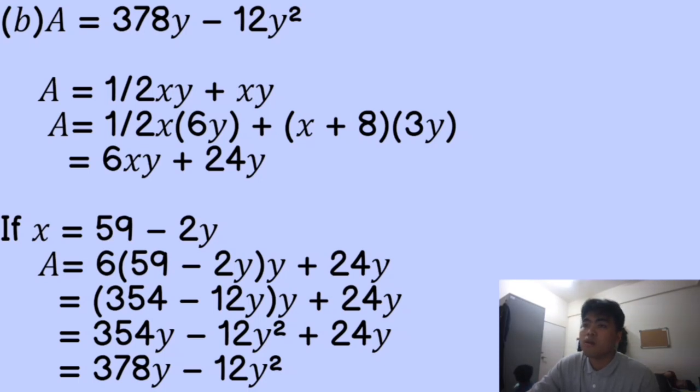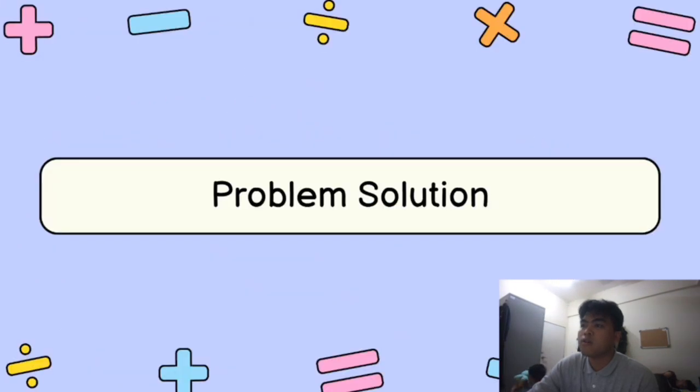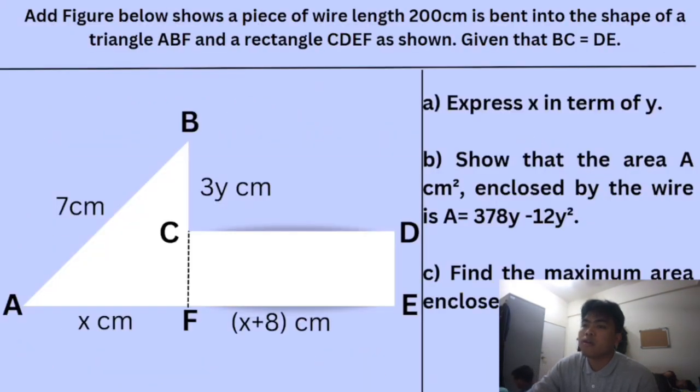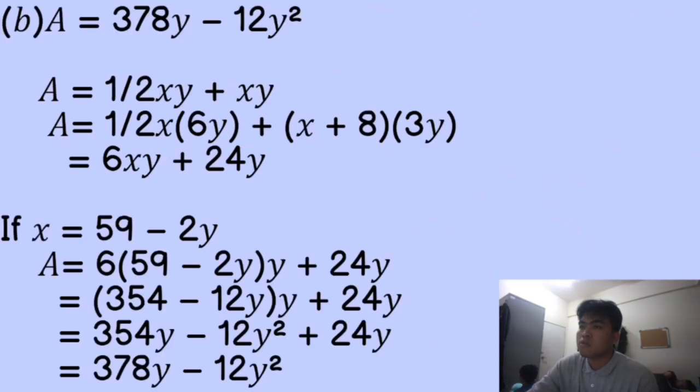After that, we insert the values of the length and height: for the triangle, the length is x and the height is 6y. For the rectangle, the width is x plus 8, times the length, which is 3y.